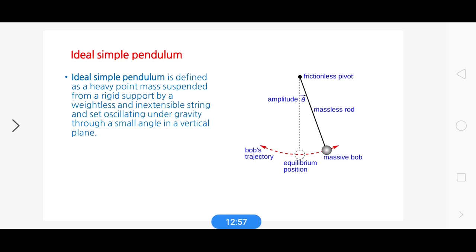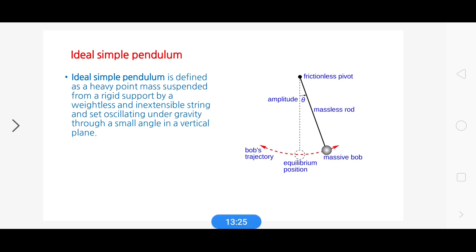It is a weightless inextensible string, and set to oscillating under gravity through a small angle. It is oscillating in a vertical plane through a small angle theta.